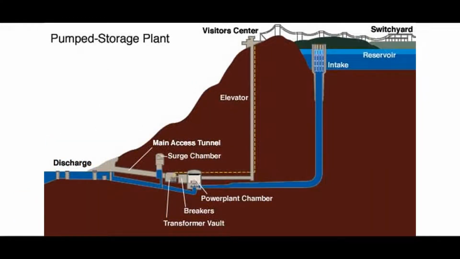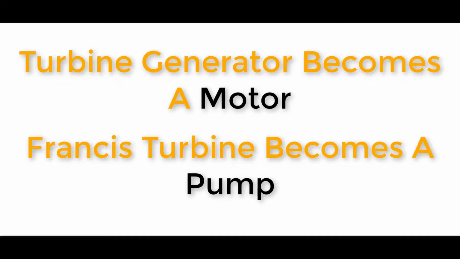But where the secret turbine comes in is that maybe you have too much electricity in the grid and you want to use some of that electricity to pump the water back up. And to do this, you'll normally use a radial flow or a Francis type runner or a Francis type turbine. It'll pump the water up.